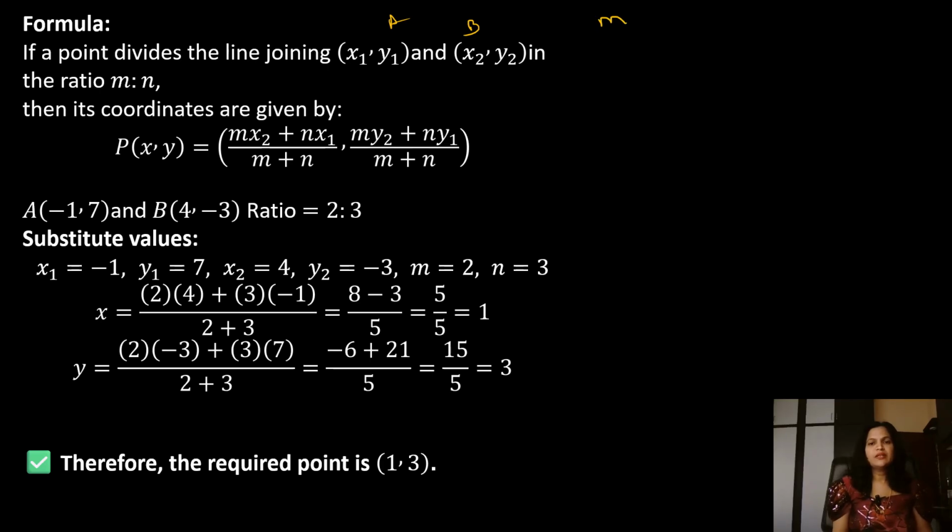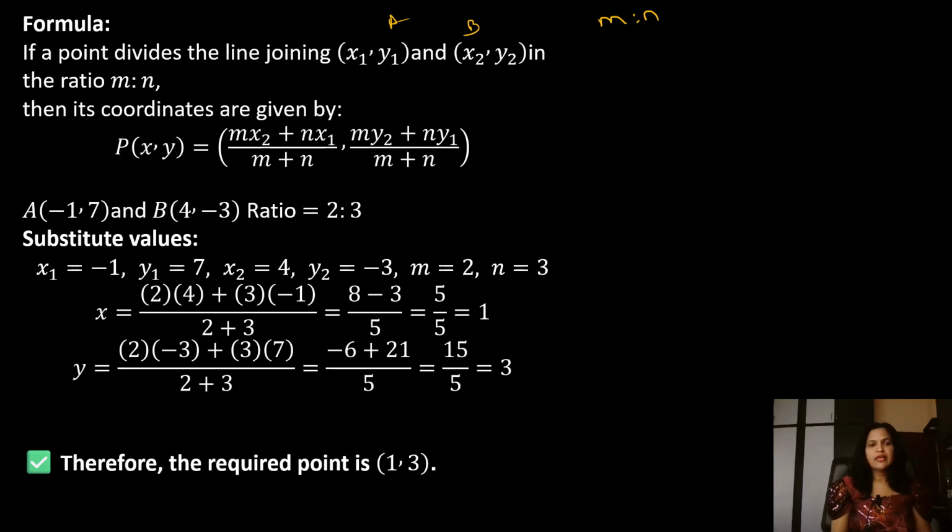And ratio is given, m is to n. Generic formula: m x2 plus n x1 divided by m plus n, m y2 plus n y1 divided by m plus n. This is the formula. So we have 2 points A, B, and the ratio is given 2:3. We have to find out P(x, y).